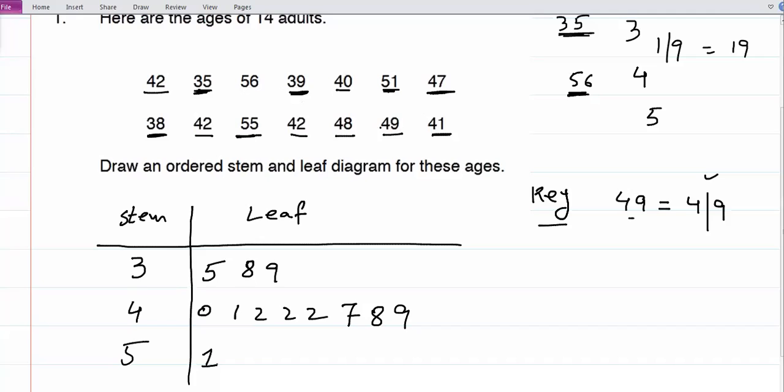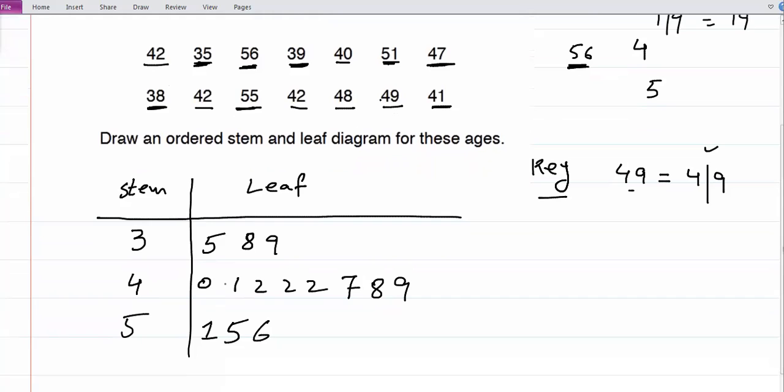Just write 5 here. And then 56, just write 6 here. So all values are now written. Check the total number of values is 14. The count here should be 14: 1, 2, 3, 4, 5, 6, 7, 8, 9, 10, 11, 12, 13, 14. So we have all of them. It means we have drawn an ordered stem and leaf diagram for these ages.